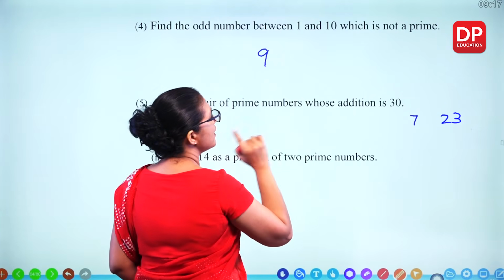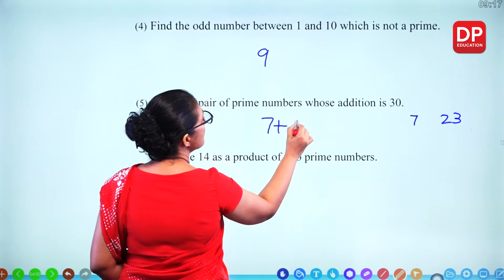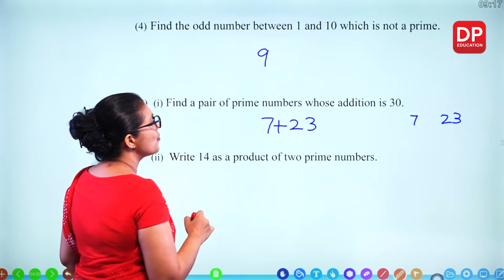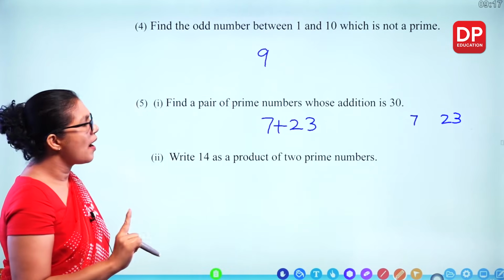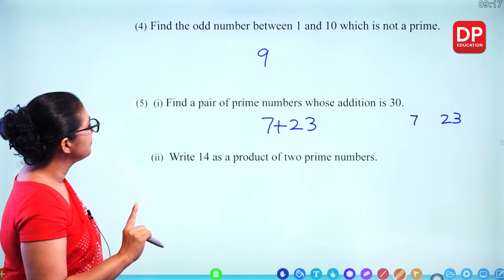So that's okay. So 7 and 23. You get 30. So both are prime numbers.